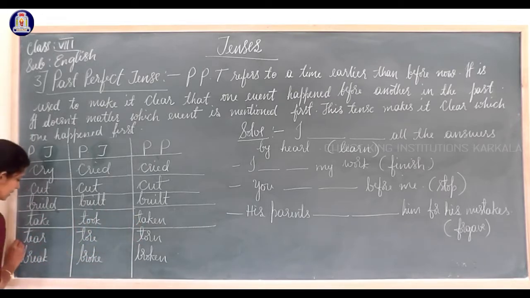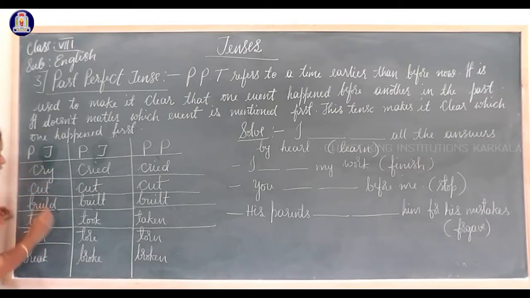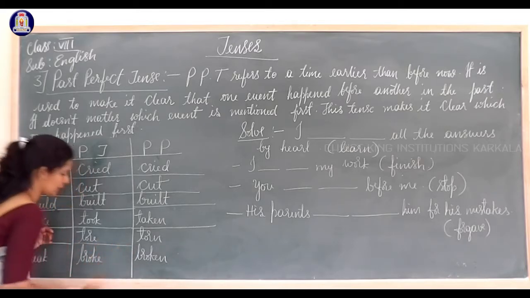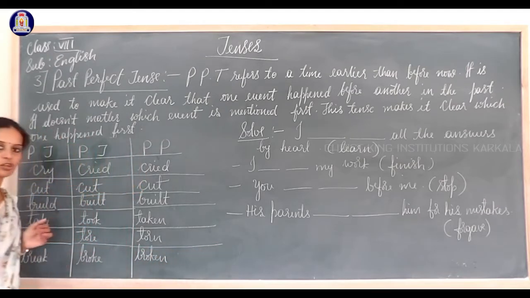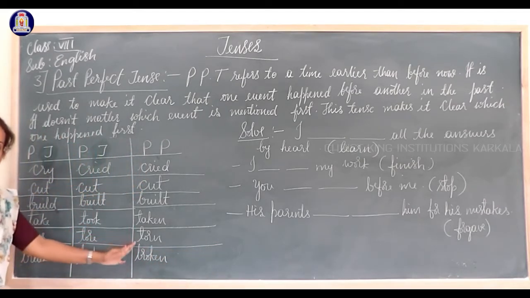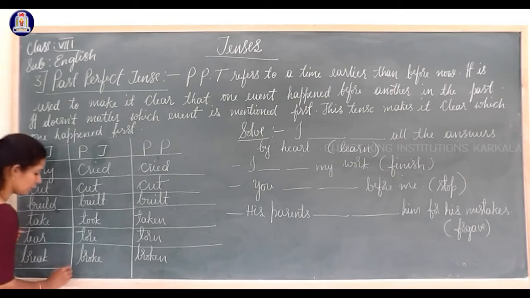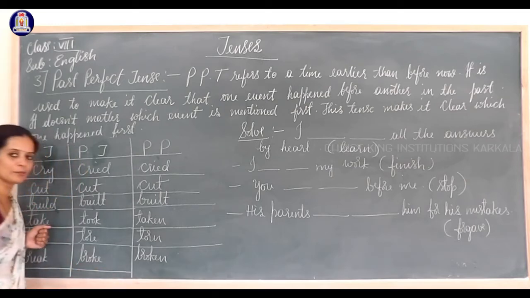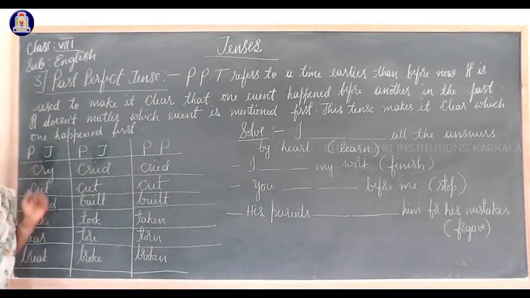Now tear is the verb under present tense. When you change it into past tense, it will be tore, and past participle will be torn. Tear, tore, torn. Now, break is your verb under present tense. The past tense is broke, and here the past participle is broken.